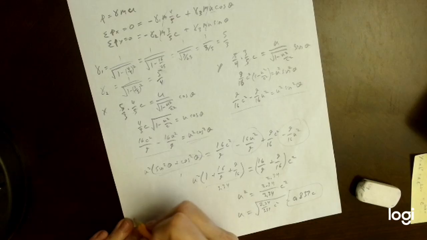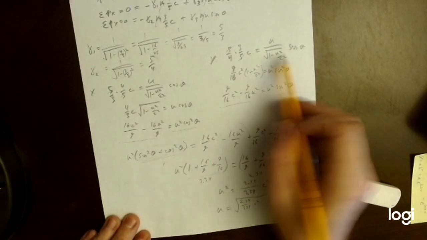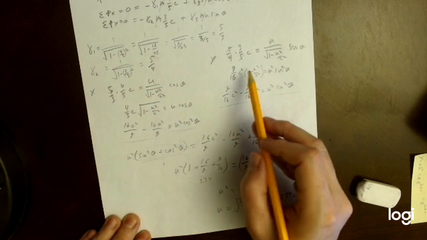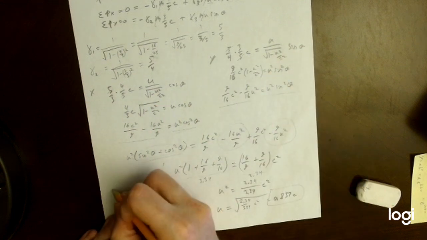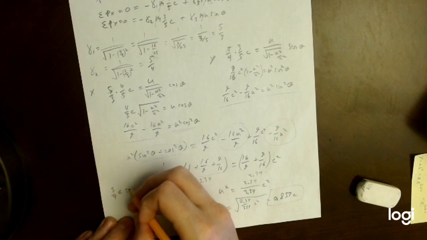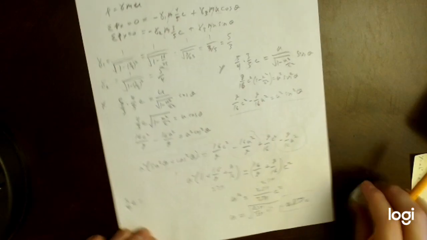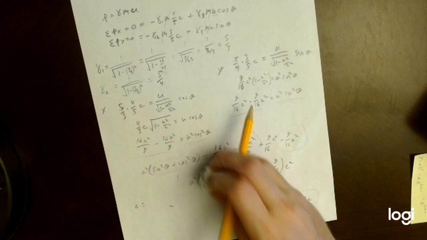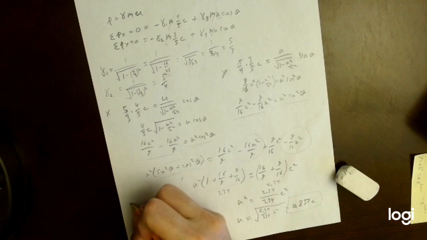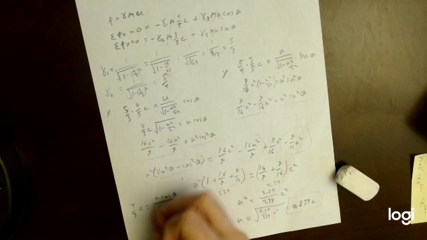Lastly, we would say, okay, what's the angle? We just have to return to one of these equations. So let's take this one and say we know 3/4 c is equal to, oh wait, no, sorry. The way I wrote this out, I actually used the x equation, which is 4/3 c is equal to u cosine theta over square root 1 minus u squared over c squared.